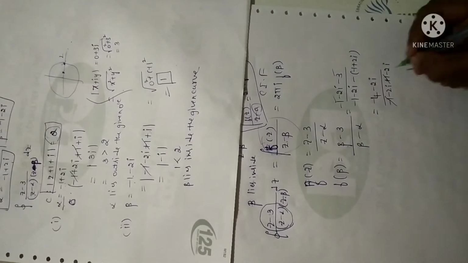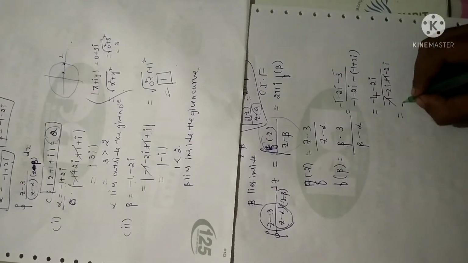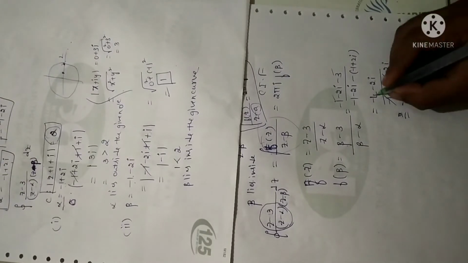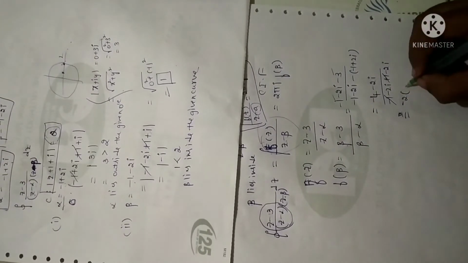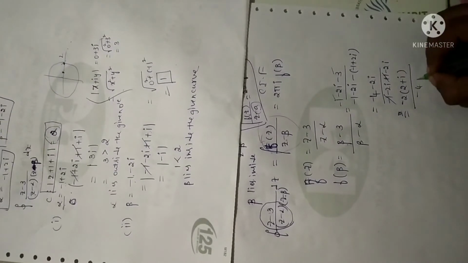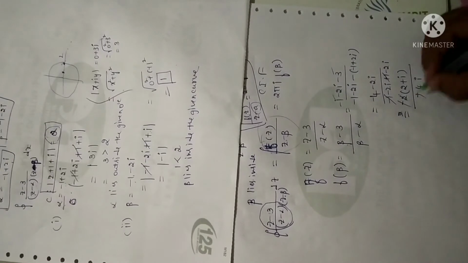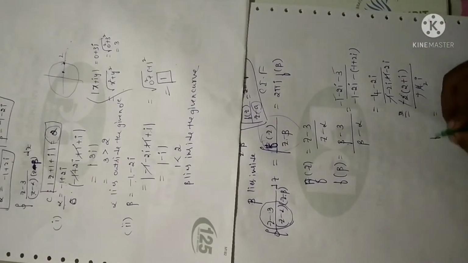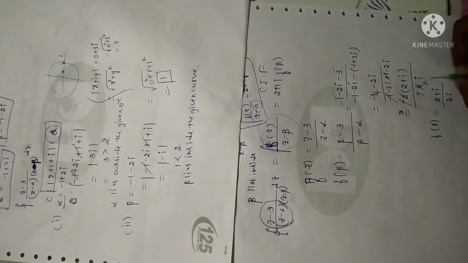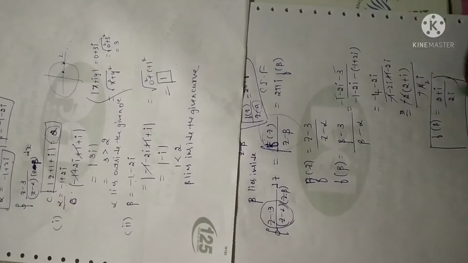So minus 1 plus 1 cancels. I take minus 2 as a common term in the numerator, giving 2 plus i. In the denominator it is minus 4i. The minuses cancel, and 2 ones are 2, 2 twos are 4. So the f of beta value is 2 plus i divided by 2i.